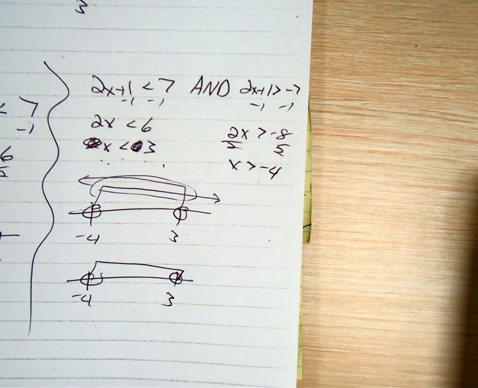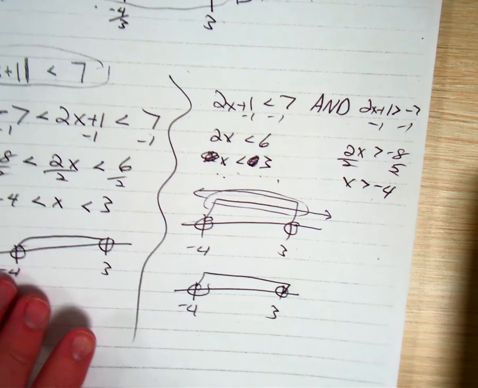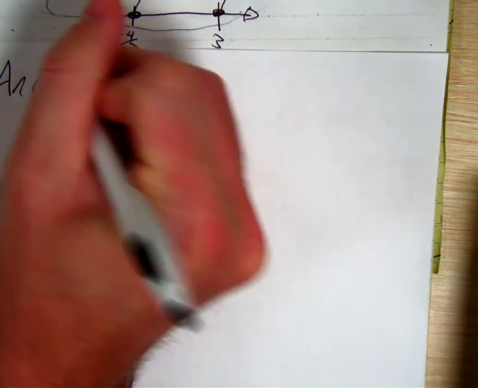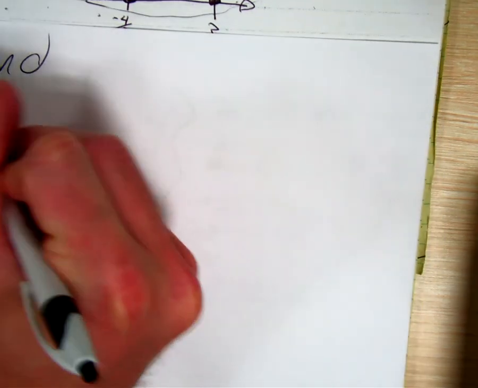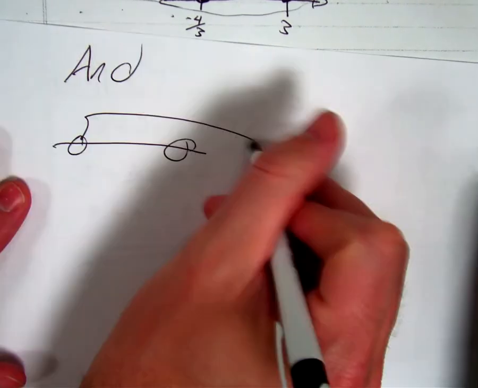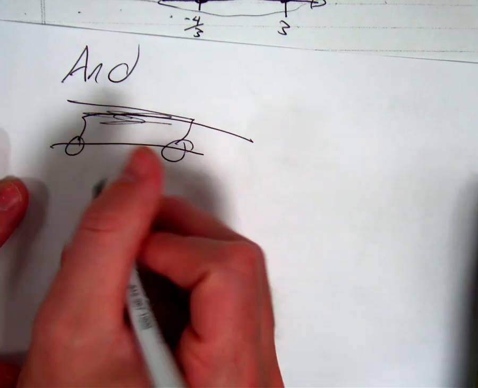Let's say, here's just some real special cases, guys, that don't happen a lot, but just in case they pop up, just to be aware of them. If you had an and, and with ands we're normally looking for where do they overlap, just like what we had right there. Okay, and that's where our solution was.